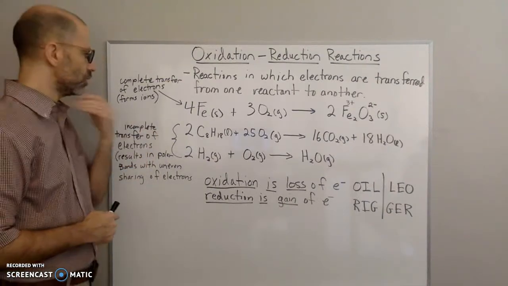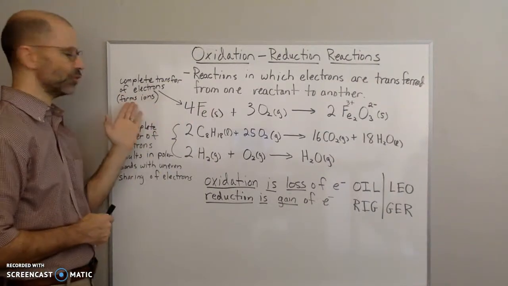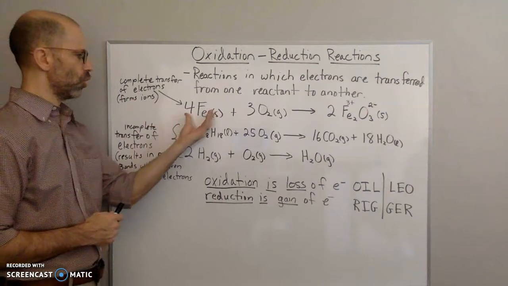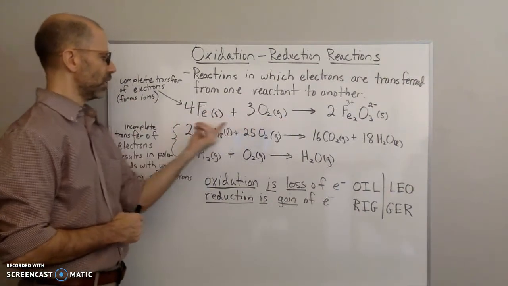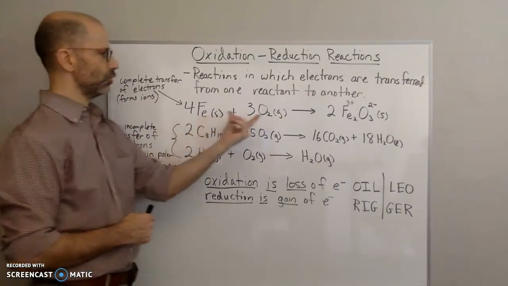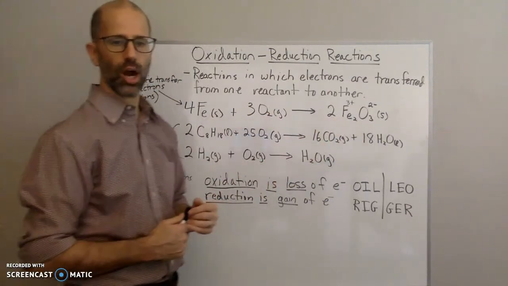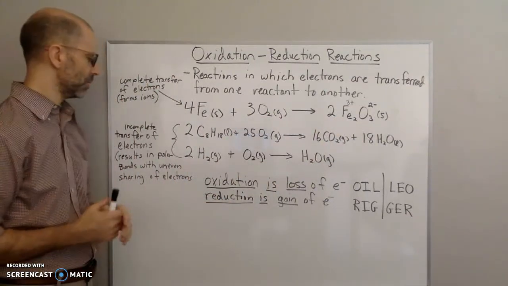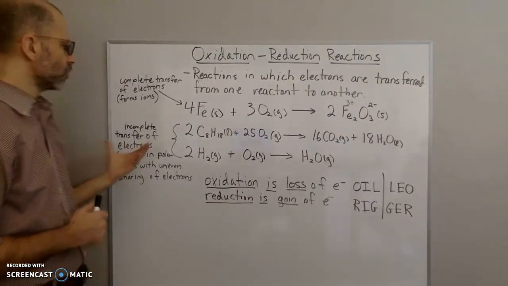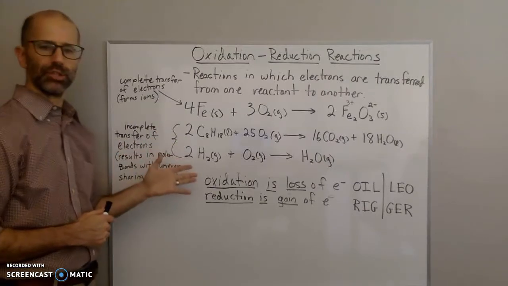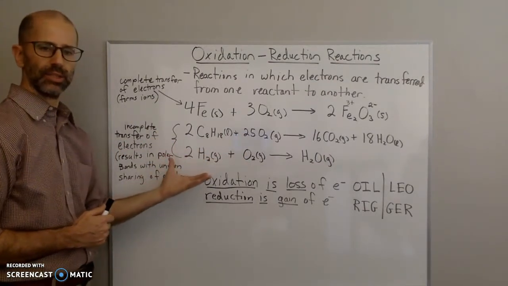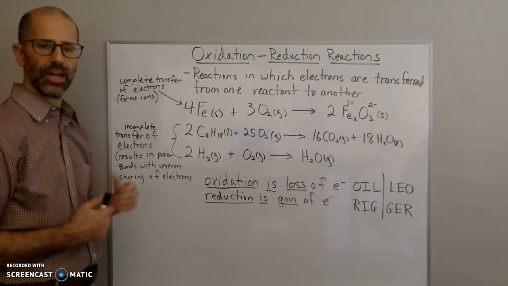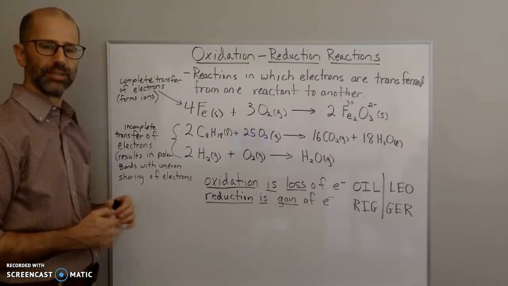This is what we call a complete transfer of electrons, when you go from non-charged substances to creating a charged substance, an ionic substance. But the reaction doesn't have to create ionic substances from non-ionic substances to be considered an oxidation reduction reaction.